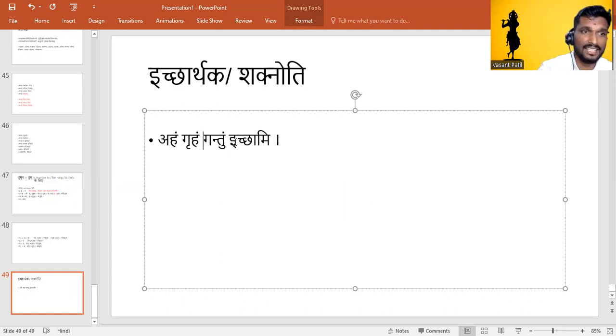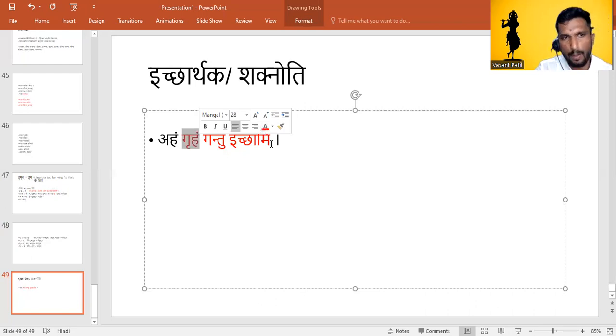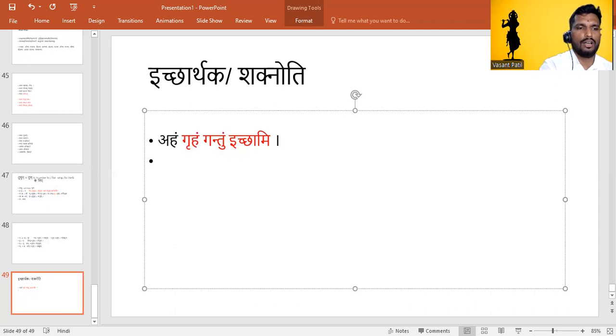So ichchati is an iccharthak dhatu, so the tumunta pratyaya is used. And one more additional thing is that with this tumunta pratyaya, generally an object comes, in the dvitiya vibhakti.